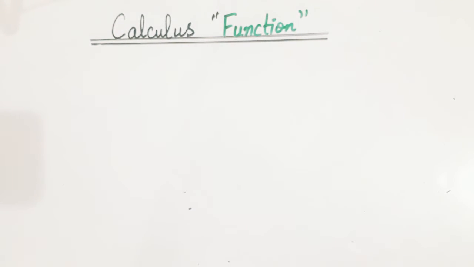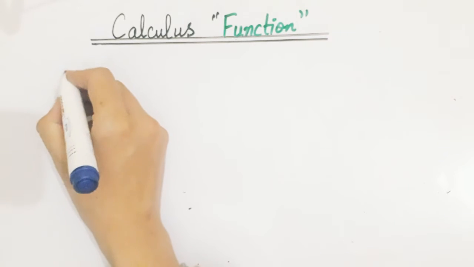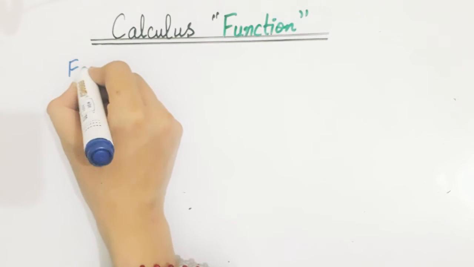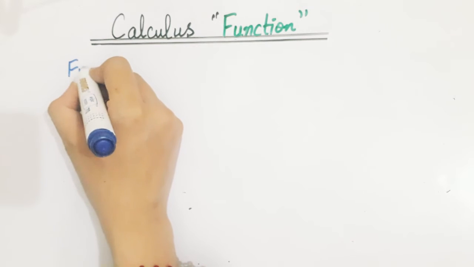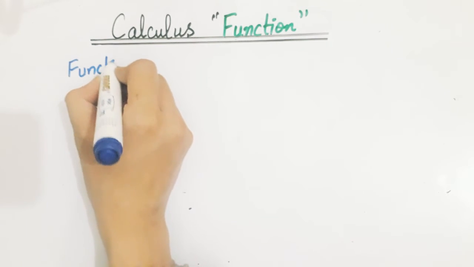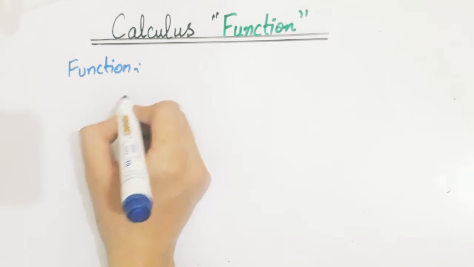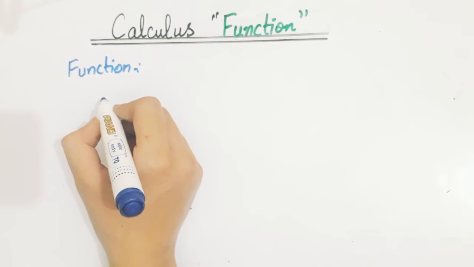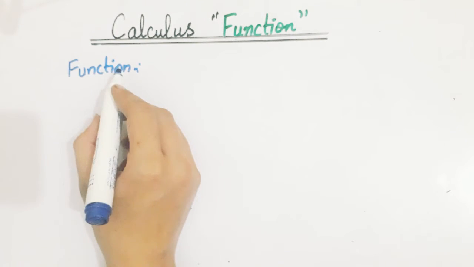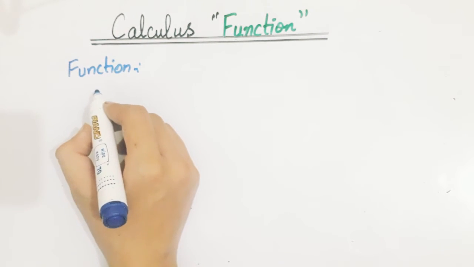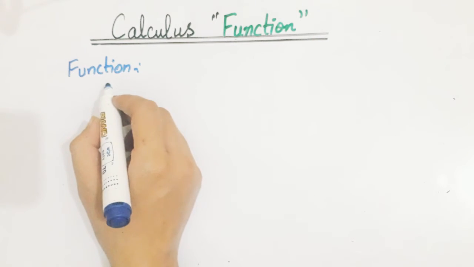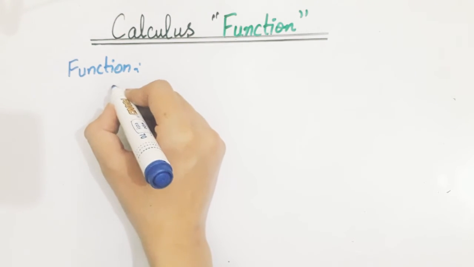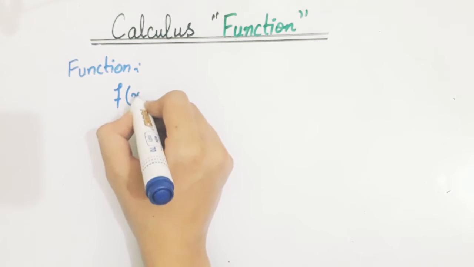Today we are going to make functions in calculus so easy, why nobody explained it like this before. So first of all, I will explain what a function is. A function is always defined by a special pattern, f of x.